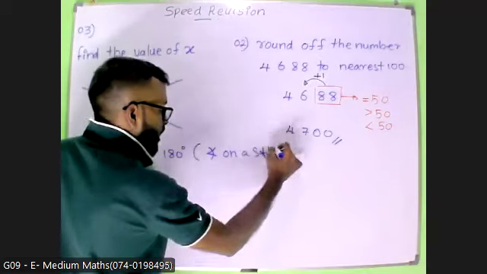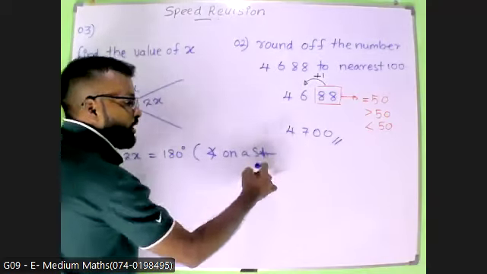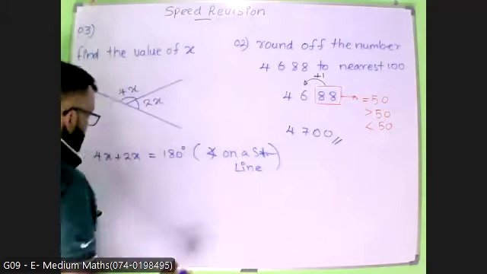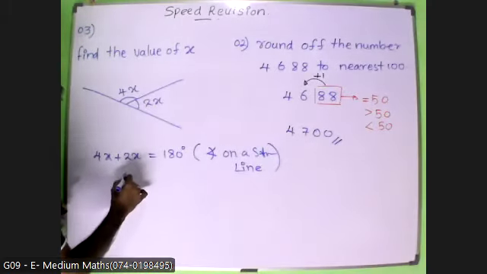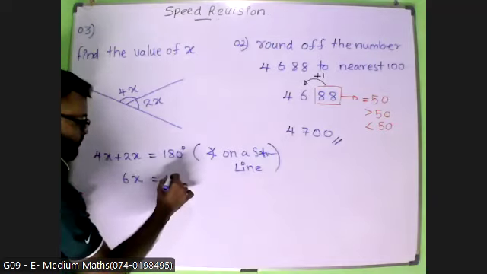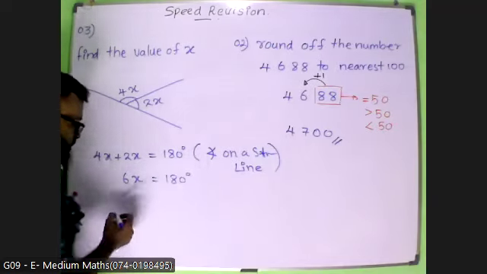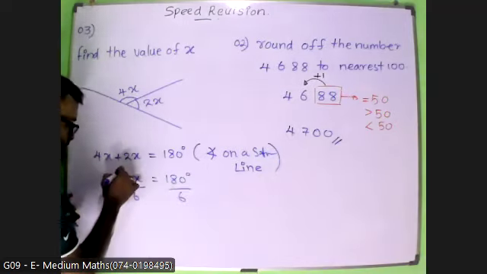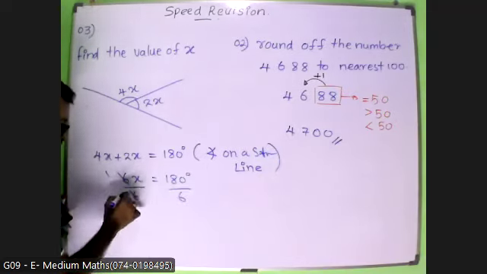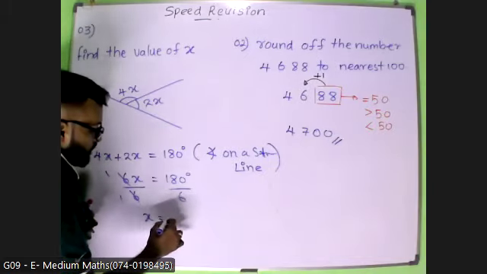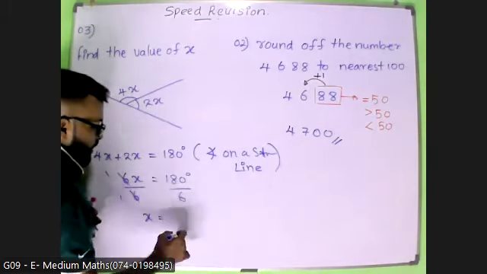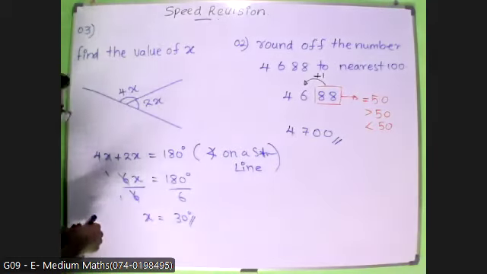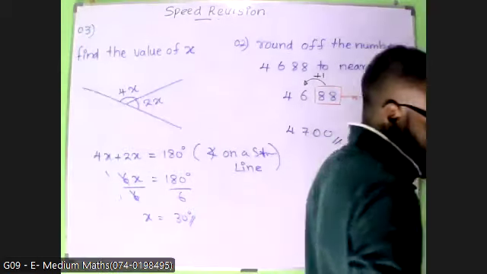I have told you at the beginning, angles on a straight line. 4x plus 2x, 6x equals 180 degrees. So you can divide both sides by 6. x equals 180 divided by 6, 30 degrees. Right?